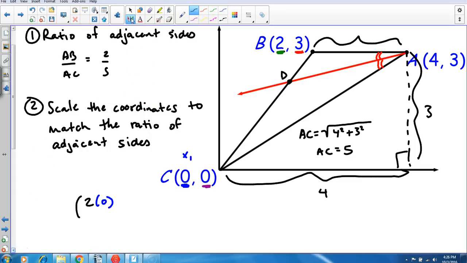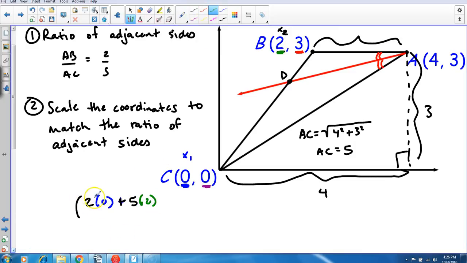All right, so that's the first part of our scaling. The second part is we need to take this other length, the 5, the length of AC, and multiply that by our second x-coordinate, x2.